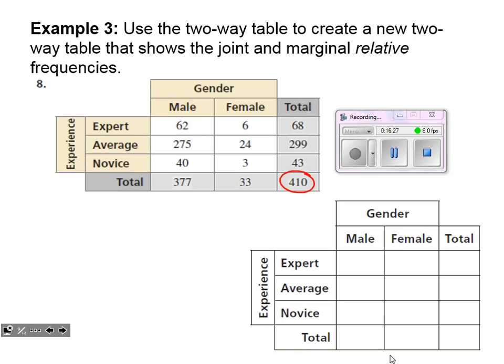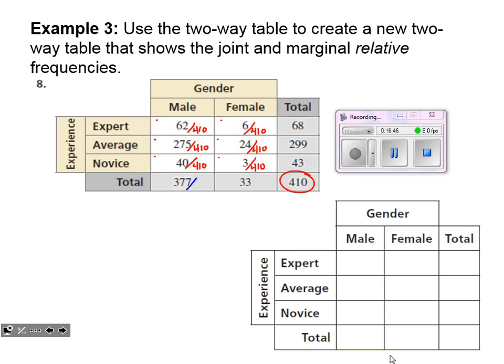So all we're going to do is take each of our joint frequencies in the white boxes up here, and put each of them over 410 to find those relative frequencies. And that will give us all of the joint relative frequencies.